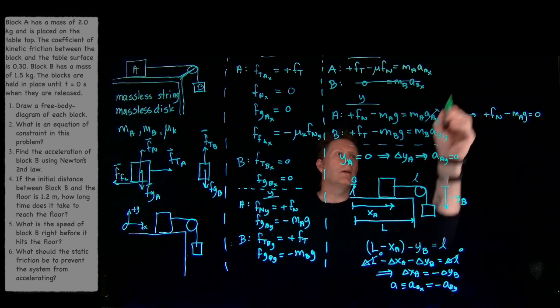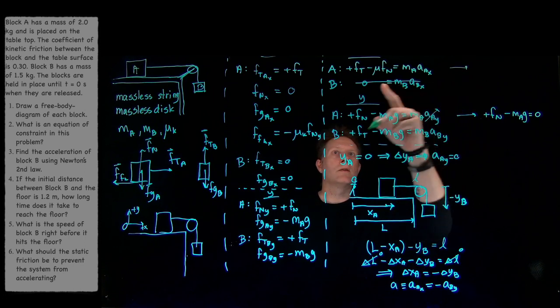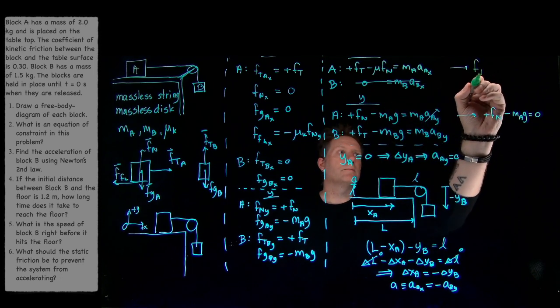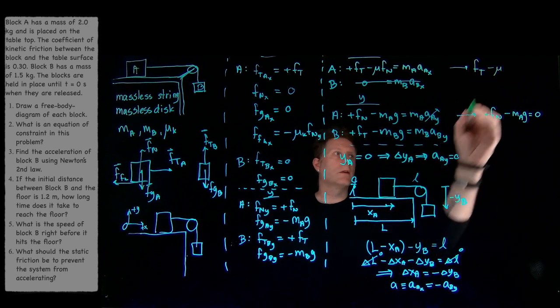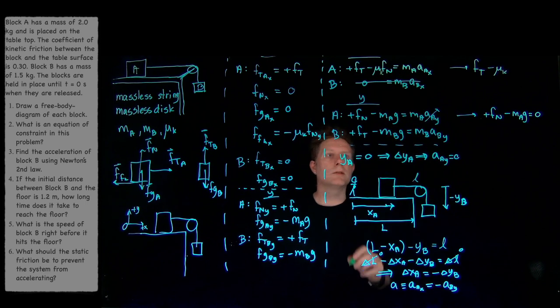All right, now let's use that to our advantage. So here we have the force of tension minus the coefficient of kinetic friction. I forgot it. Let's put that in there.